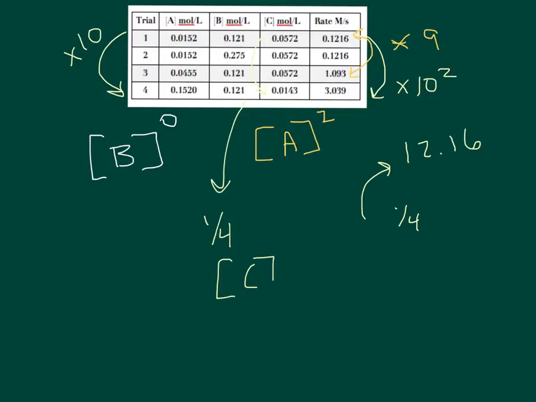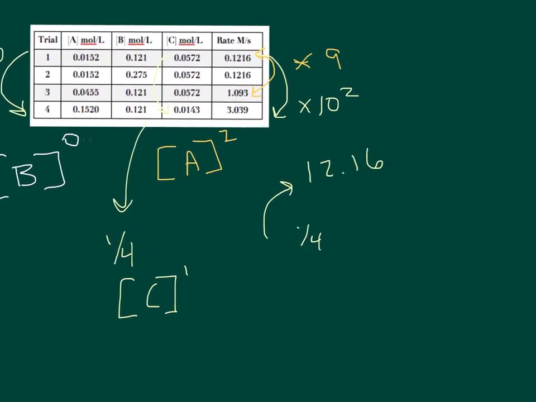So we have cut C to 25% of its initial value, and we've also done the same to the rate, which means that the reaction is first order with respect to C. Overall, that's going to give us the equation rate equals k times the concentration of A squared times the concentration of C to the first power.